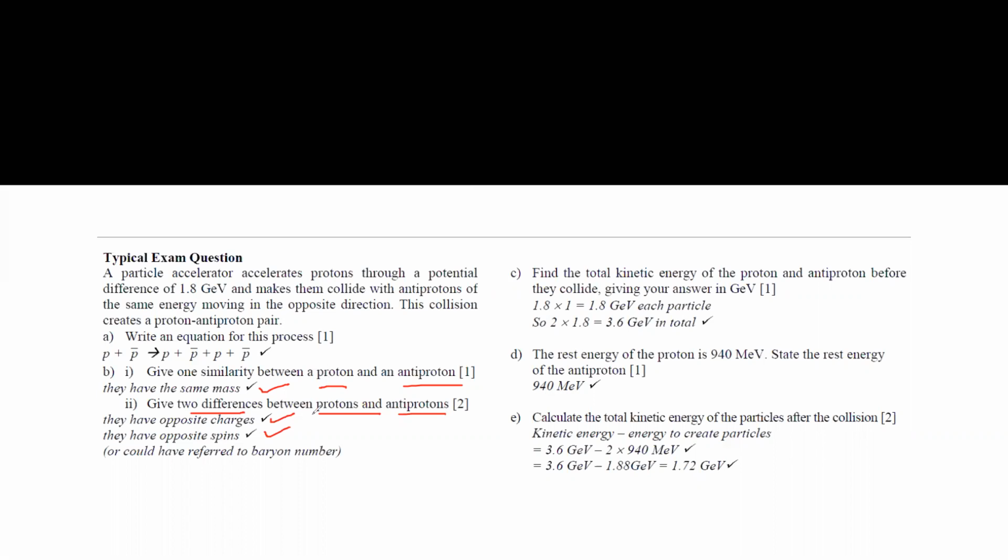Or the baryon number: proton is a baryon, and antiproton consists of 3 antiquarks. So if the baryon number for proton is +1, the baryon number for antiproton will be -1. You can use that as a difference as well.